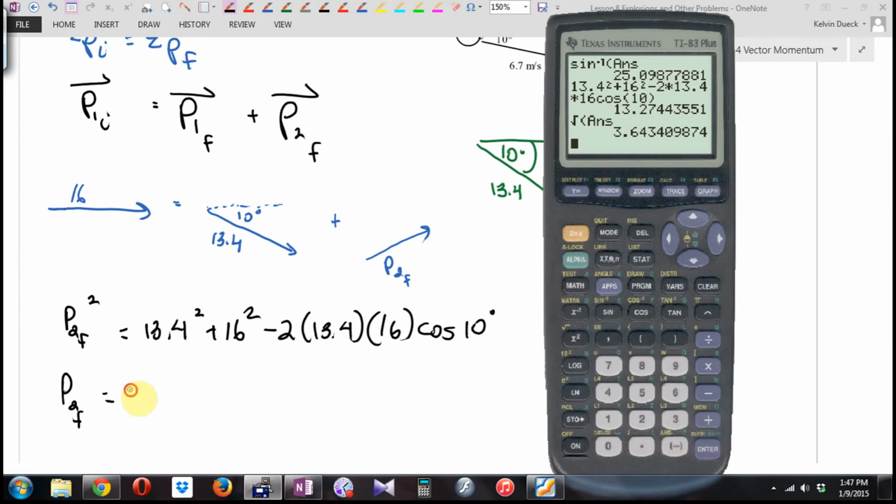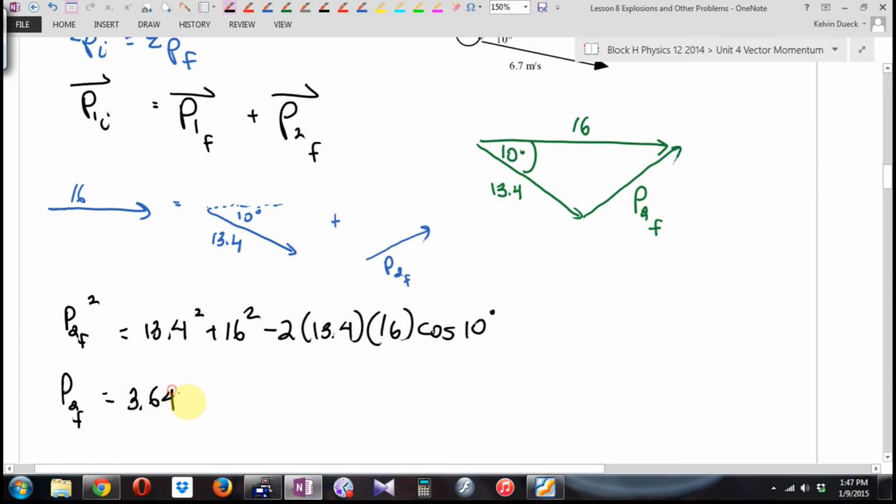Blah, blah, blah. And Anthony, do you see what I mean by this is terrible scale? Because this line looks like it's the same length as the 13, but actually it's 3.5, 3.6, whatever. Now what? That's the momentum. Not what this question wanted me to find. What did this question want me to find?